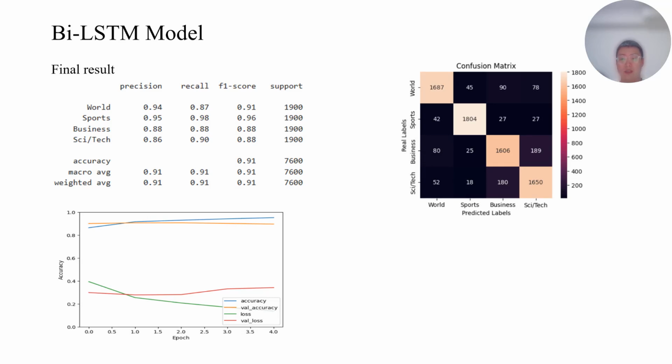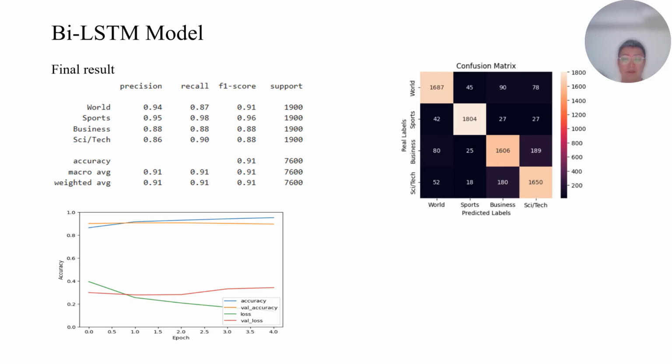For the results, sports has the highest F1 score at 0.96 with a recall of 98%, indicating that the model rarely misses relevant cases. For the world category, the second highest precision with 0.94, but slightly lower recall, which is 0.87, suggesting a few missed instances.